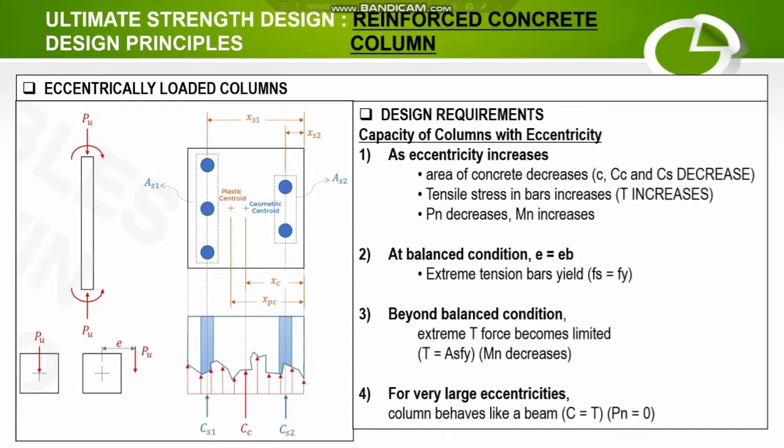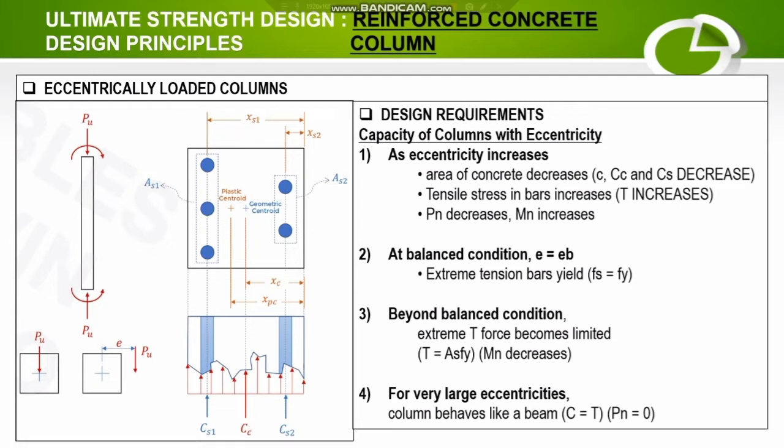For the design requirements, the capacity of columns with eccentricity, we shall remember that, number one, as eccentricity increases, the area of concrete decreases, Cc and Cs decrease, tensile stress in bars increases, or T increases. Then the nominal axial load Pn decreases and the nominal moment increases.